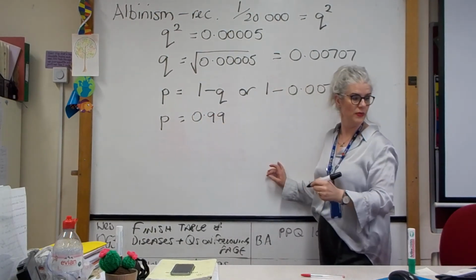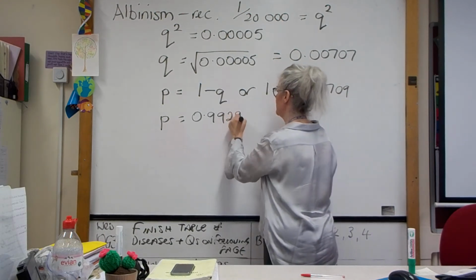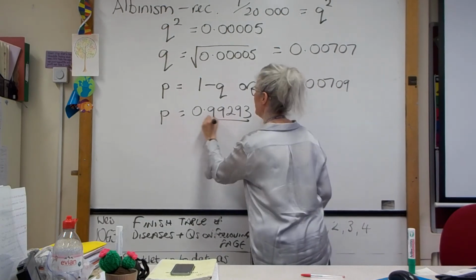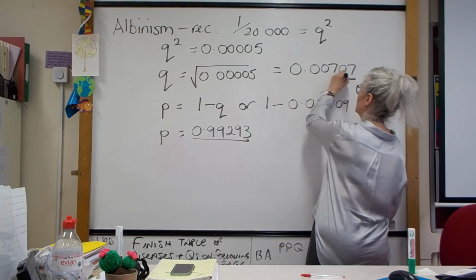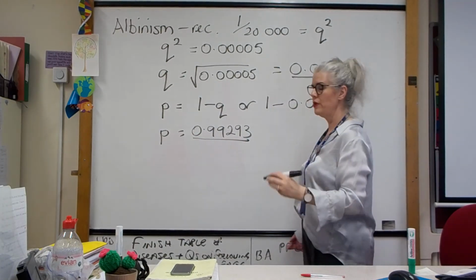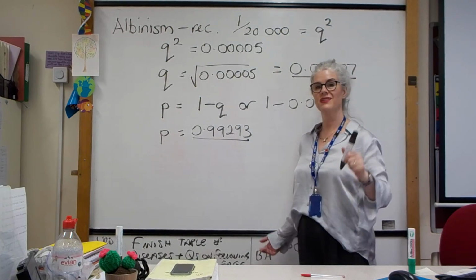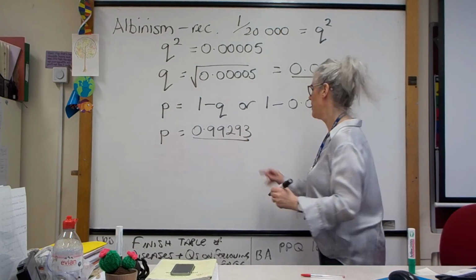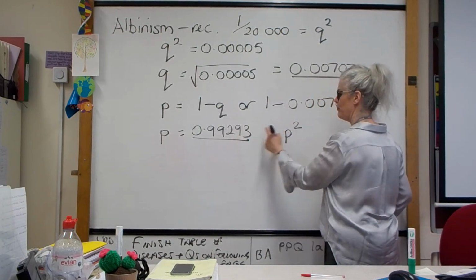You'd think I could work this out in my head, but it's the end of the day, and I can't. So we now have a value for p, and we have a value for q. If you wanted to know how many homozygous dominants there are, you could just square p, so you could work out p squared.